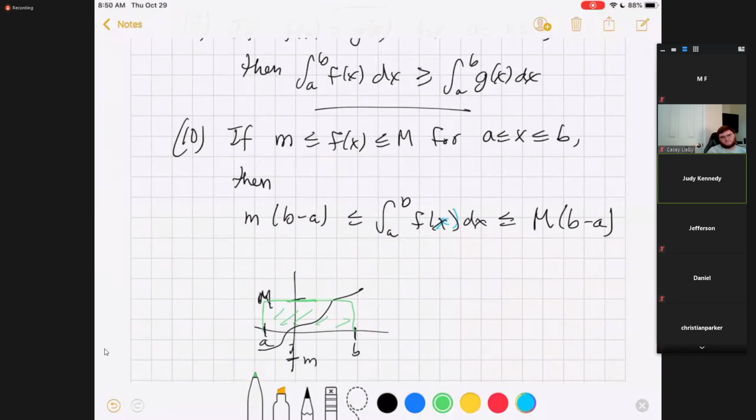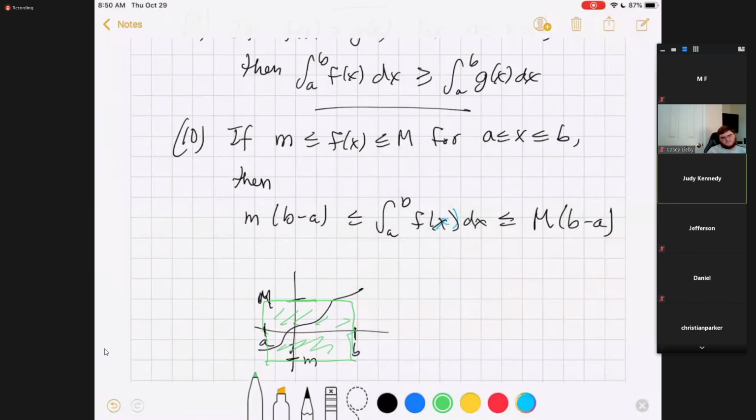Little m times B minus A, well, little m's negative, so it's going to be negative the area of that rectangle. And that says that the integral itself basically lies inside those two rectangles, well, the part of the curve I'm interested in.